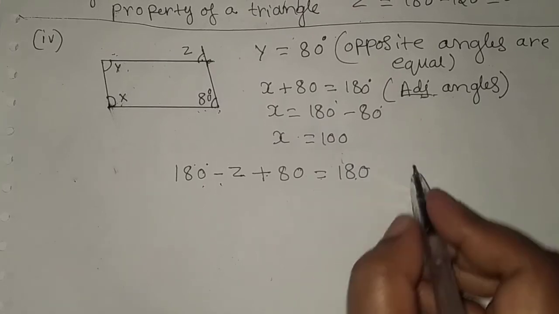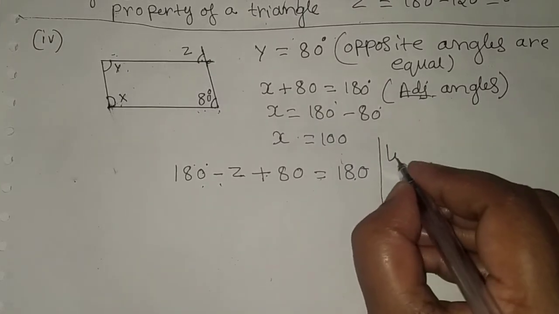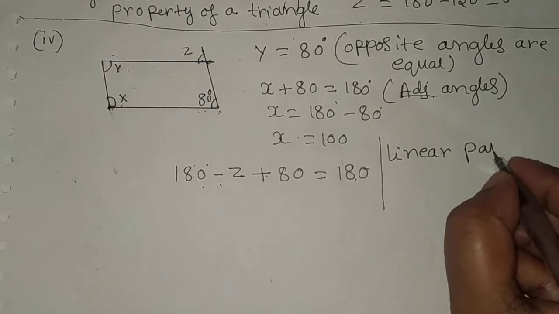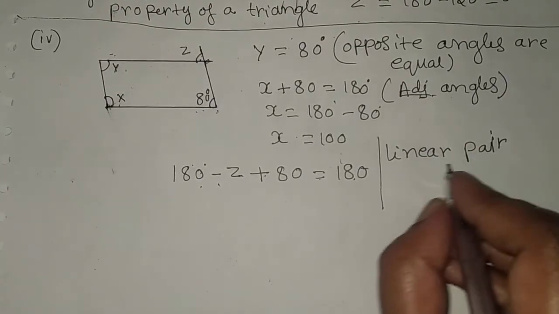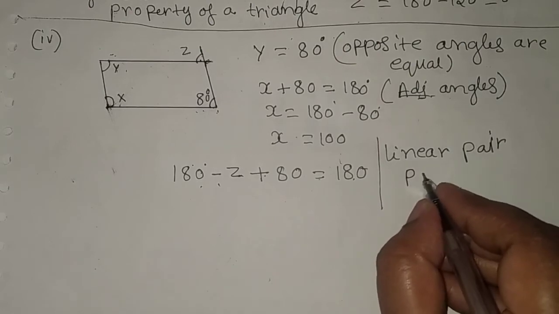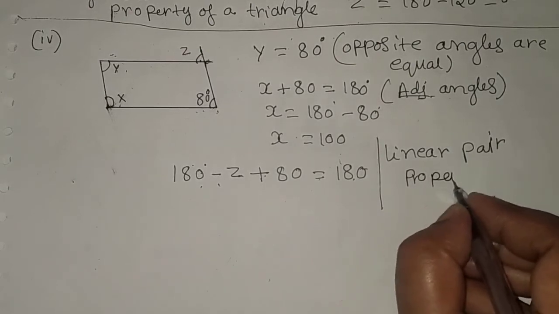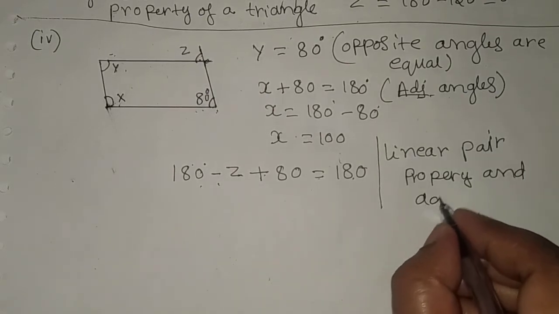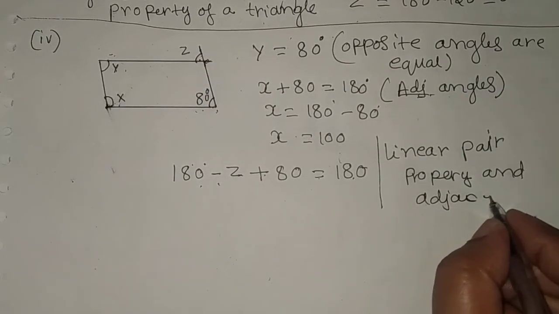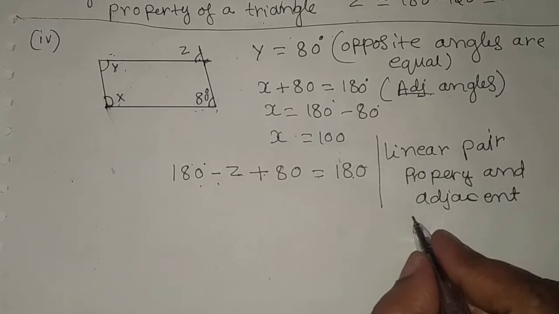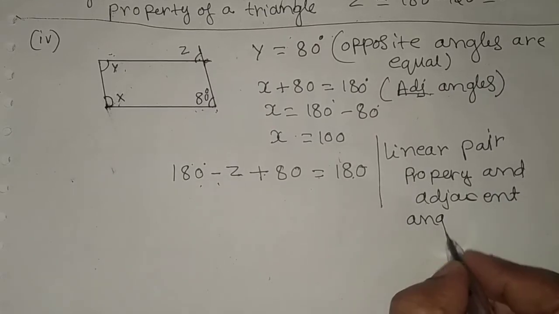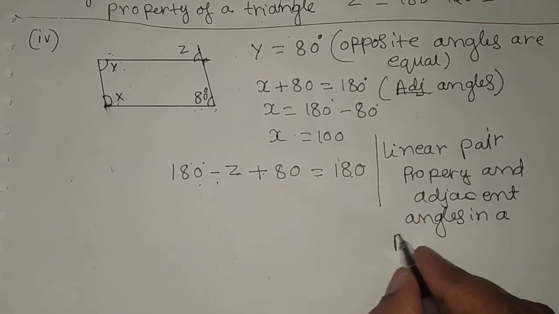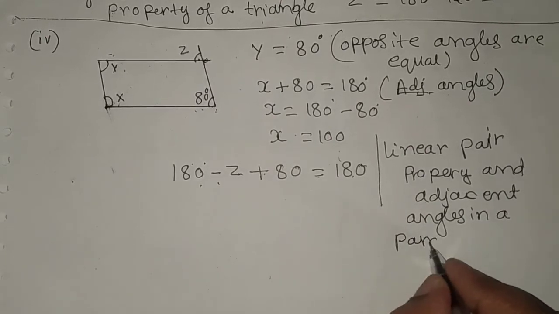Therefore we have to write here linear pair property and adjacent angles in a parallelogram are supplementary.